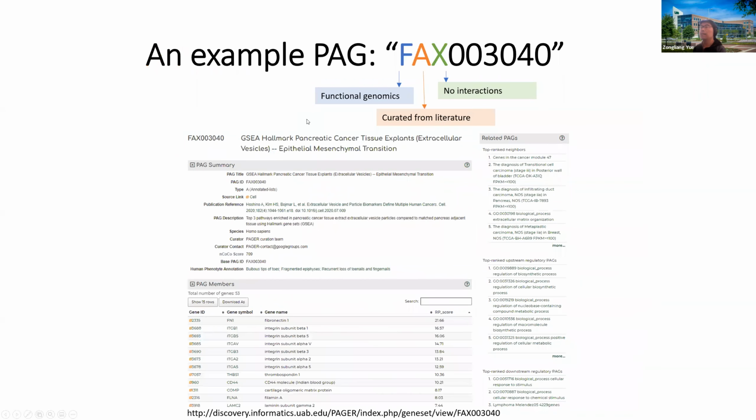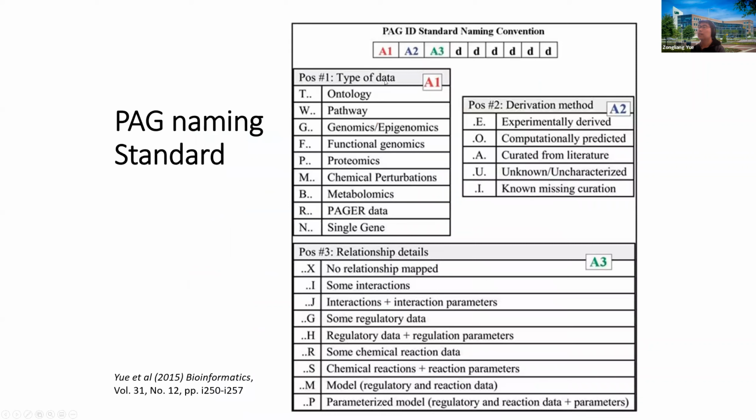We also have a naming convention here. For example, the composition of a PAG uses three letters plus six digits. In the naming standard, the first letter stands for the type of data, the second position stands for the derivation method, and the third position stands for the relation details.